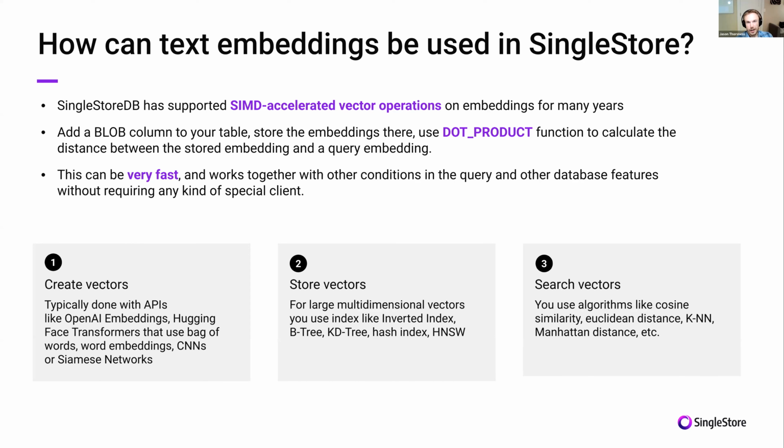All you have to do is add a blob column to your table, store the embeddings there, and then you can use functions like dot product and other associated functions to calculate the distance between the stored embedding and an embedding in your query in order to find the closest match. This can be extremely fast, and it can be combined with other conditions in your query and other database features without requiring any kind of special client or extra queries to other sources.